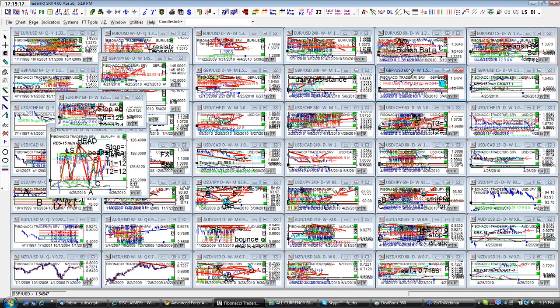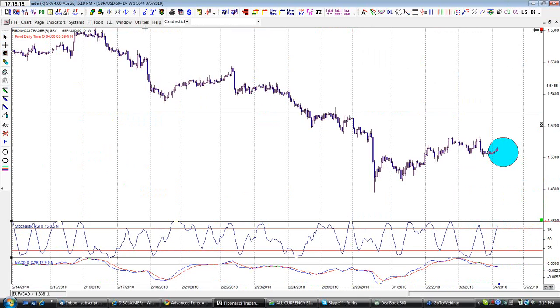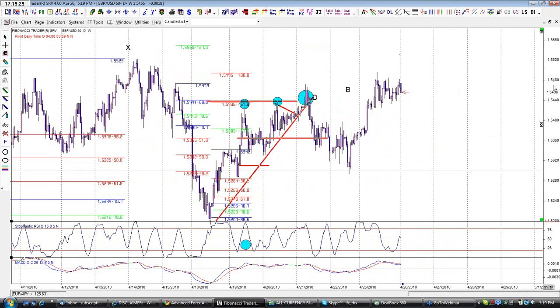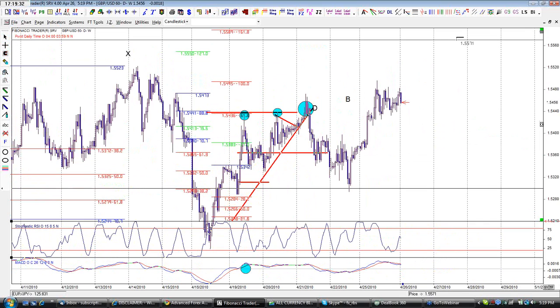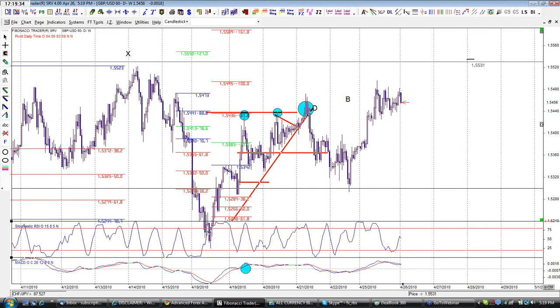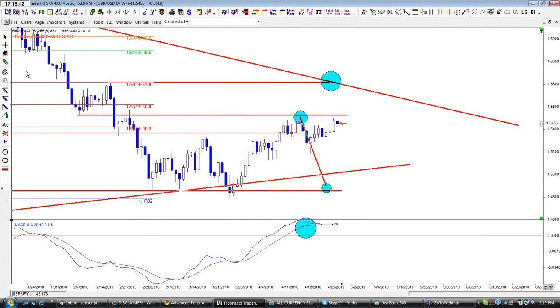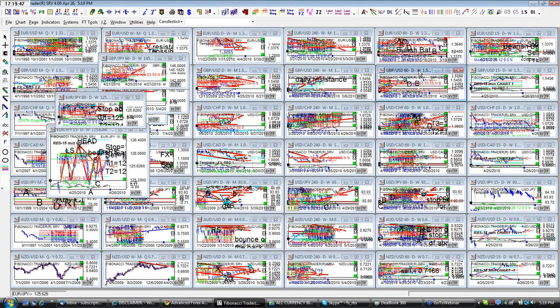And I will go to my 1 hour chart, and was it 155.30? Yes, 155.31, to make sure.